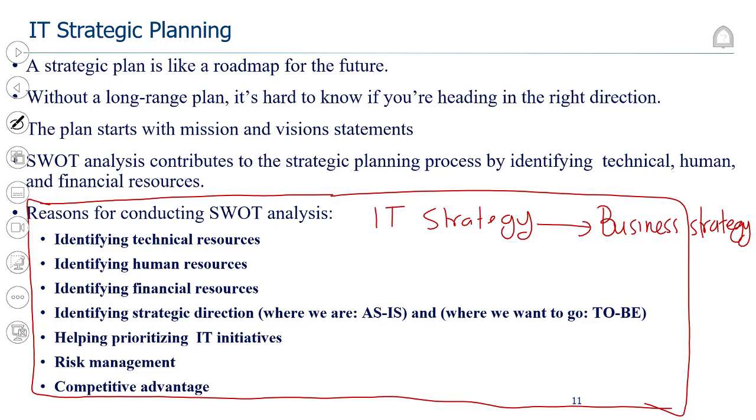At that point, we have to do an assessment of where we are. So part of the IT strategy, the first thing we have to do is find out the as-is. Where are we now? In order to do this, there are many tools that we can use.